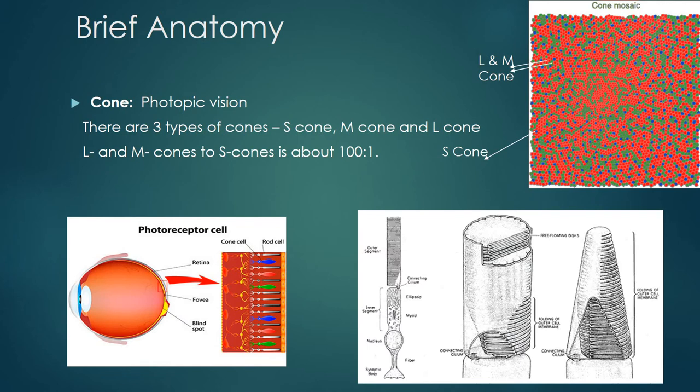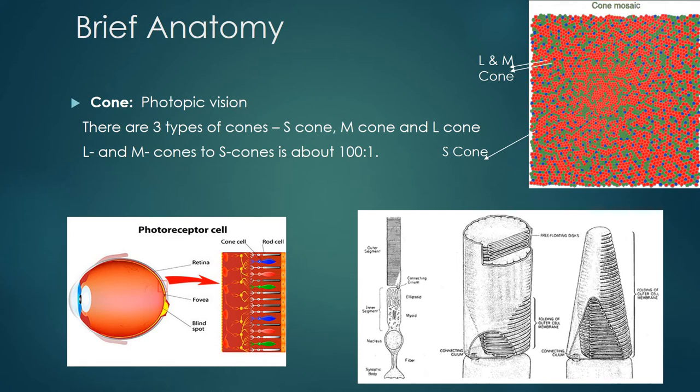Okay, so this is just a brief anatomy. We all know photoreceptors are the ones which help us see, transforming light into visualization. We have two types of cells: the cone cells and the rod cells. Cones are used for photopic vision.